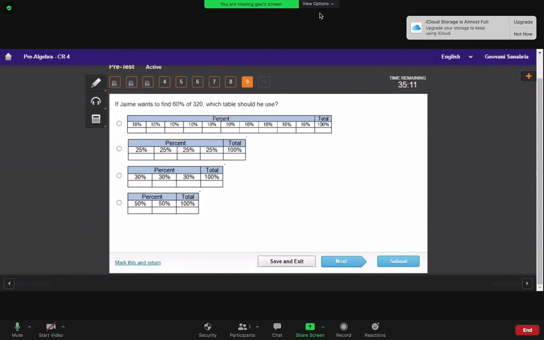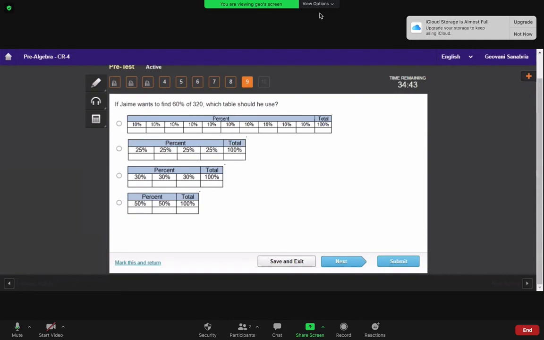In the first table, if there are 10 of those, 1, 2, 3, 4, 5, 6, 7, 8, 9, 10, and they add up to 100%. So 10 plus 10 plus 10, 10 times, that's going to be 100%. The second one, they all add up to 100%, but you can only get either 25% or the next one, 25 plus 25 would be 50%, which is not 60%.